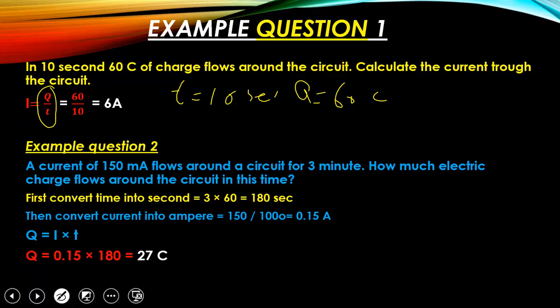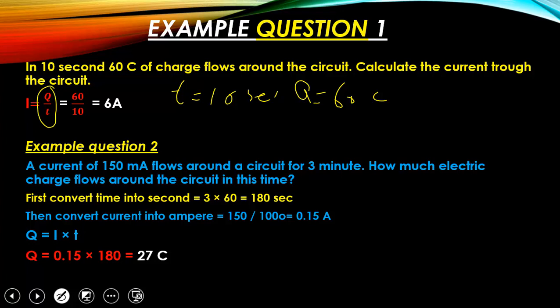Question number 2. A current of 150 milliamperes flows around the circuit for 3 minutes. How much electric charge flows around the circuit in this time?